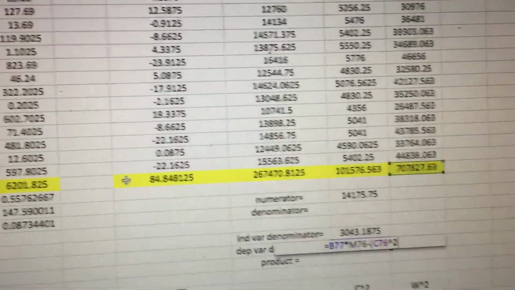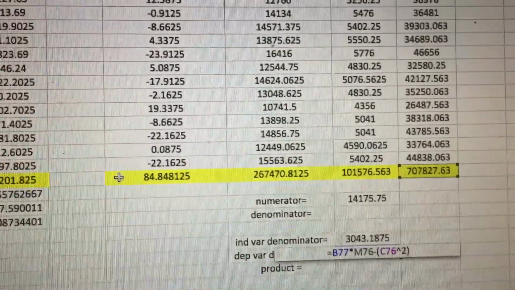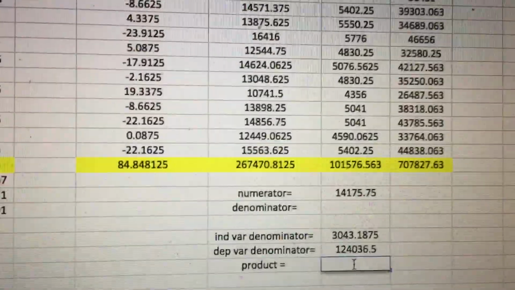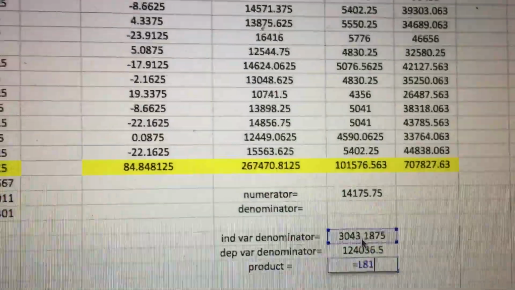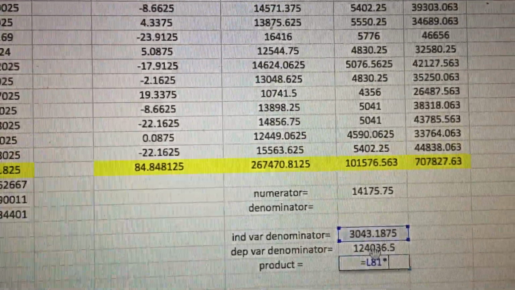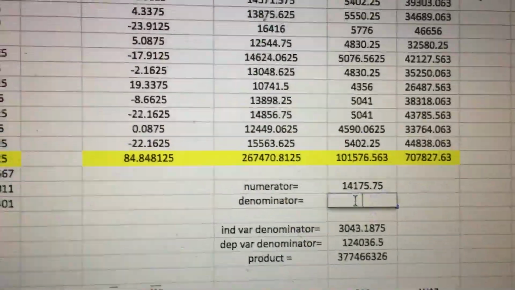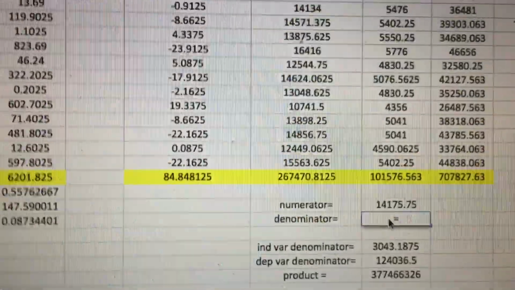Okay, close that off. And then I'm going to get the product by timesing both of those numbers together. Okay, and then to get the denominator, I need to get the square root of that.